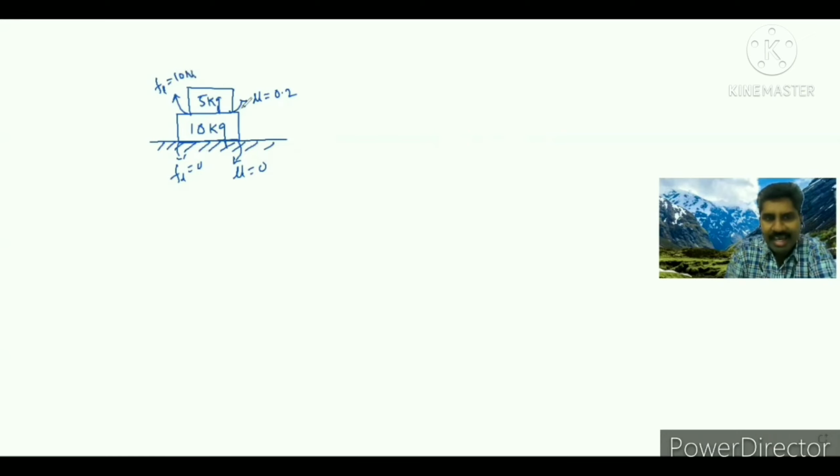Now, what are they asking here? A force is applied. How much? 10 newtons. What is the acceleration of those two blocks? Also we need to calculate F max.